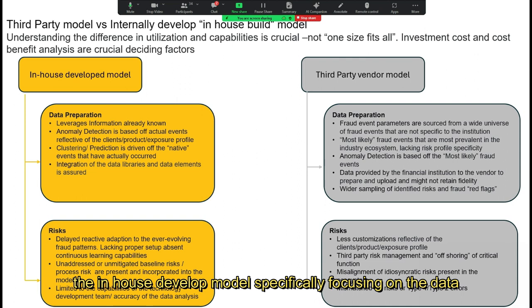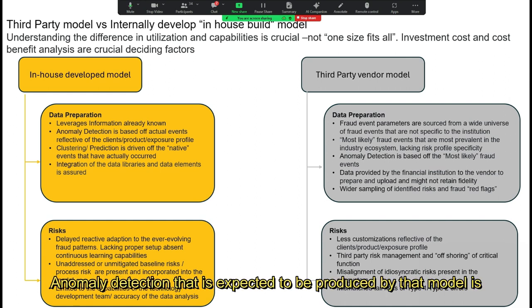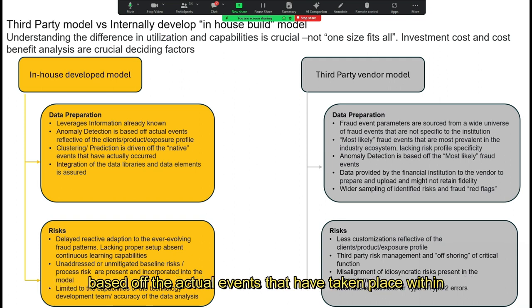Specifically focusing on the data used for the model. That data leverages information that's already known, right? It comes from the native data repositories. Anomaly detection that is expected to be produced by that model is based off the actual events that have taken place within the ecosystem of a financial institution.